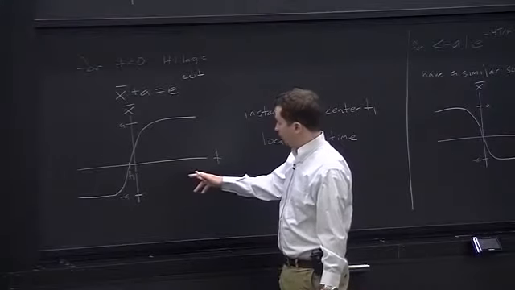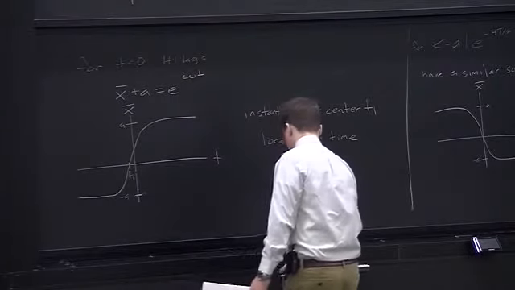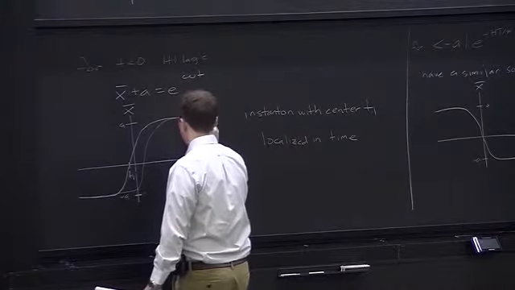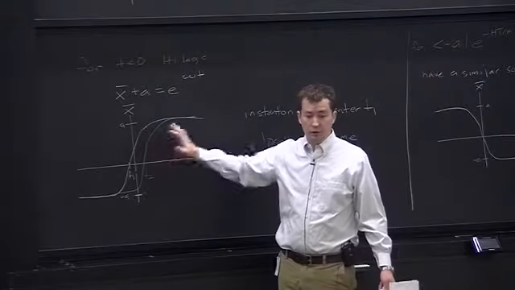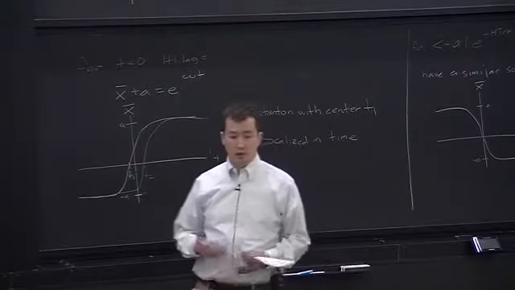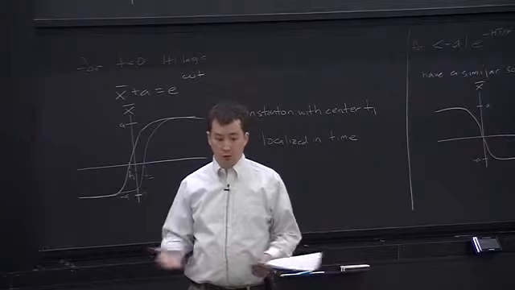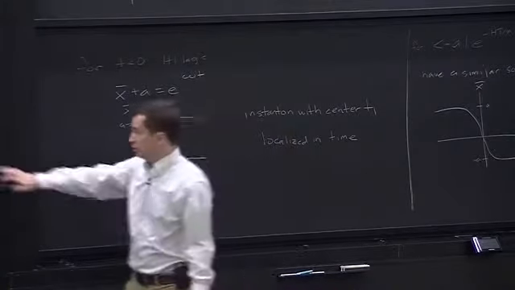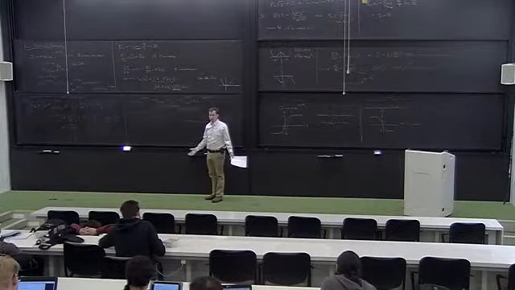The blue line is a different solution with a different center, and it is also a solution to the Euclidean equations of motion. So if we are doing a saddle point approximation, we should sum over all possible saddle points. These are different saddle points, and here we've got a continuous set of saddle points. So we should include all of them.